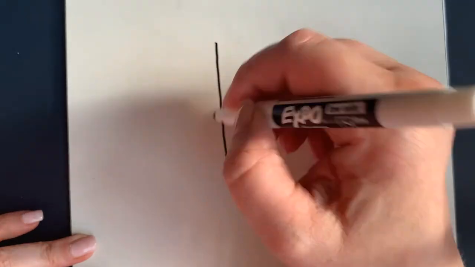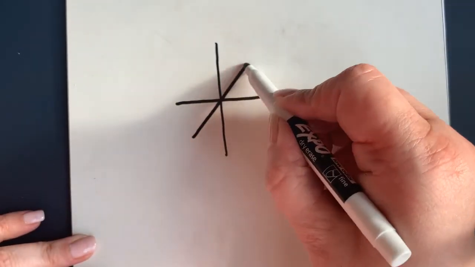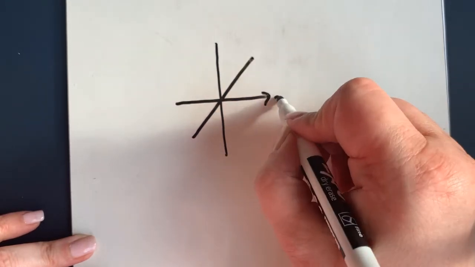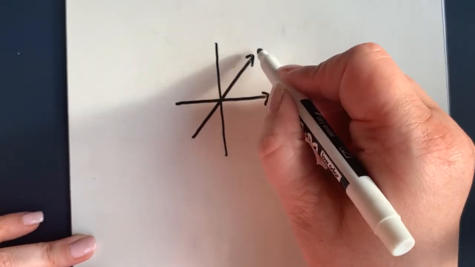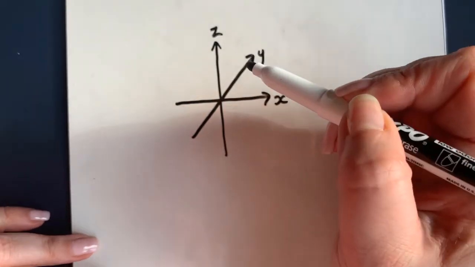So if I was asked to draw a pz orbital, I would draw my axes. They would be labelled, same as in maths, x, y and z.